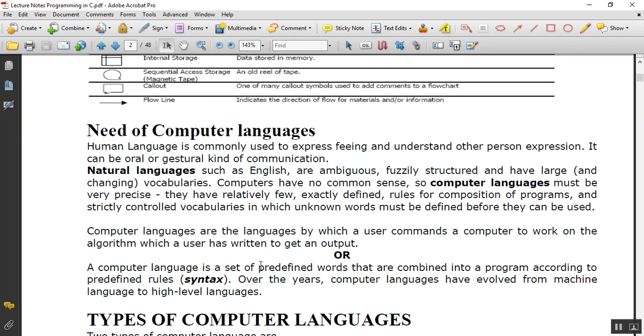So people thought that to write a computer program we should always use some fixed set of words which have a specific meaning, and via which we can give some instructions to the computer. So from human languages they selected the English language, and from this English language they selected a few words.